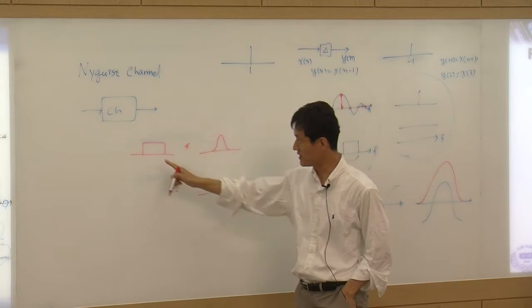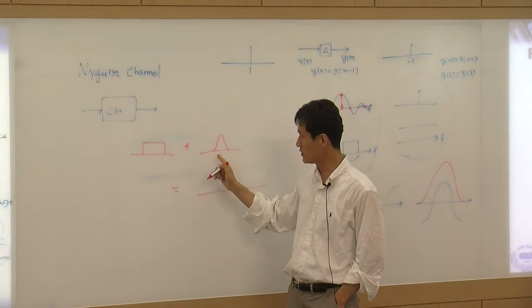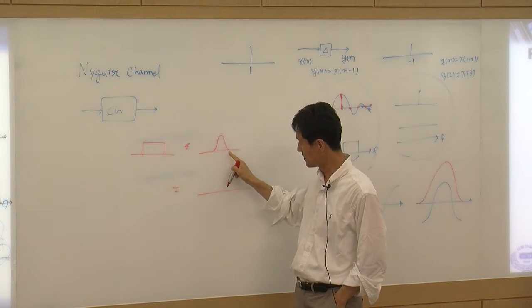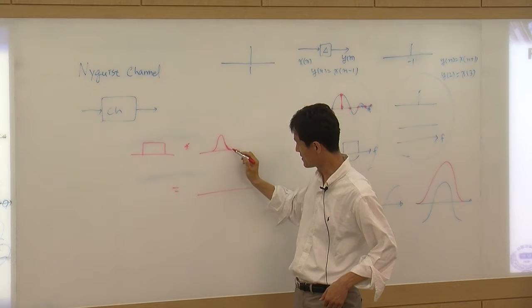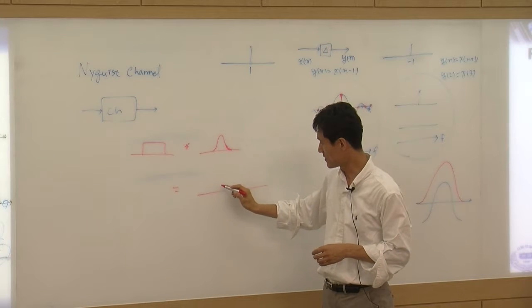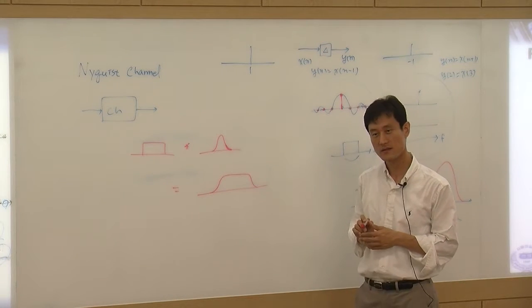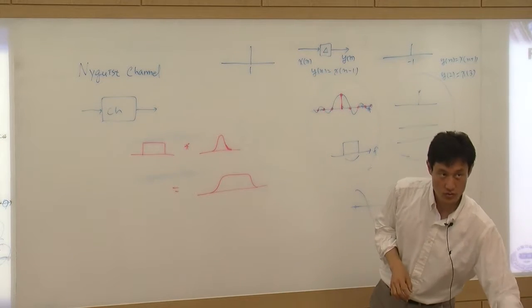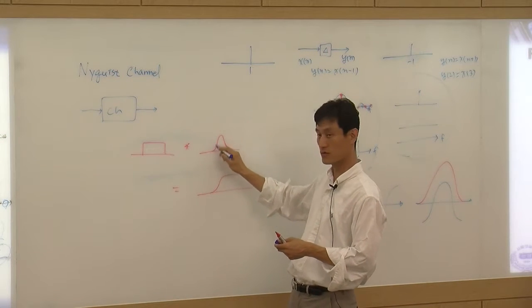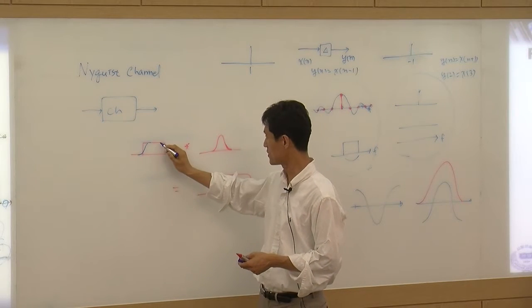Your output is going to be, this is a simple rectangular pulse that is convolved with some kind of Gaussian-like curve. Then your output is going to be like this. So this pulse comes in here, and that pulse also goes in here.